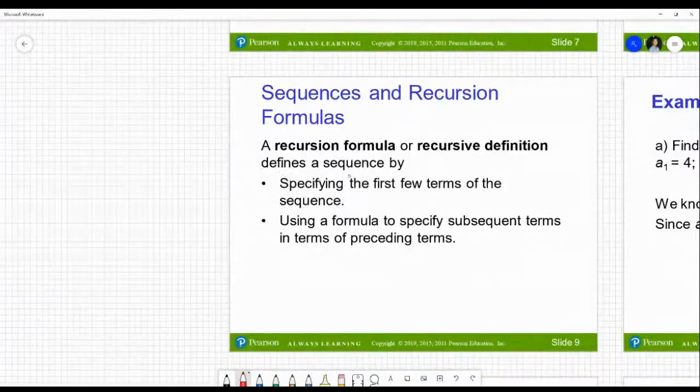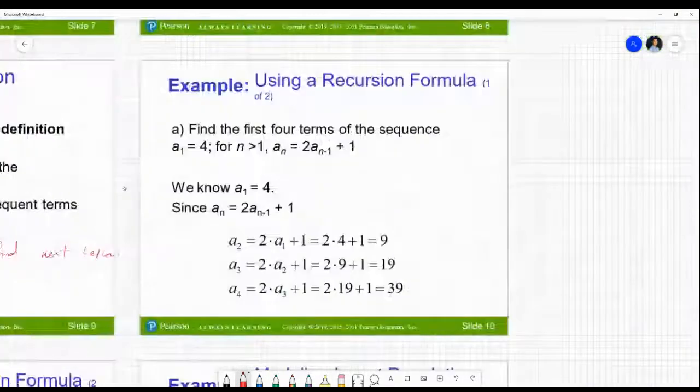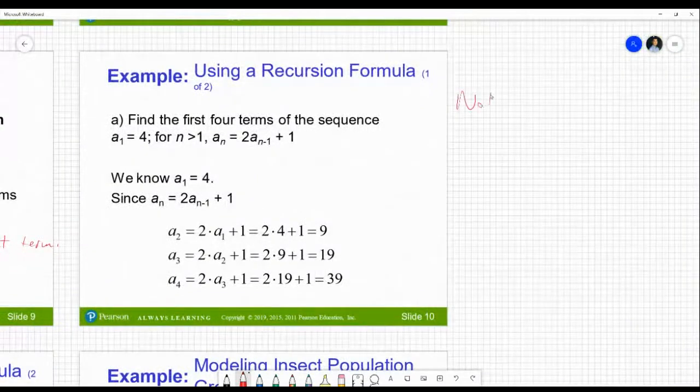Okay, next we'll talk about recursive formulas. A recursive formula just means that we're going to use the previous term to find the next term. Let's look at some examples. Before we do that, let's look at some notation.